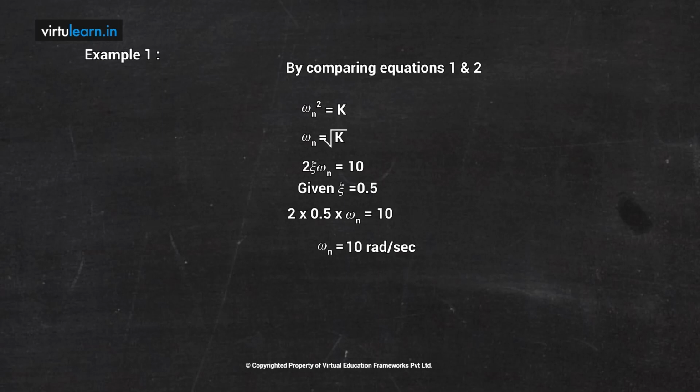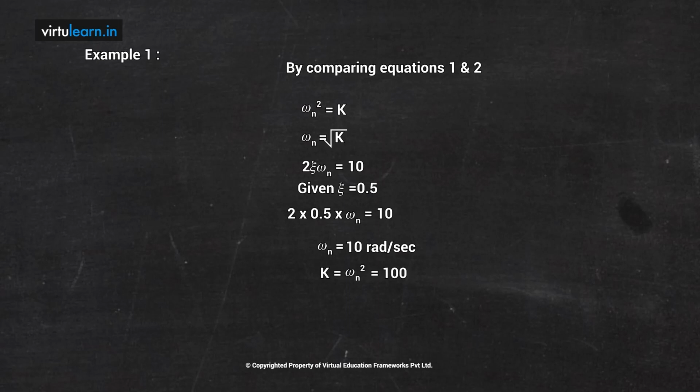We already know that K is equal to omega n square. Therefore K is 10 square, that is 100. So if you want to have a damping ratio of 0.5 in the system, the required gain K, generally the amplifier gain, we got as 100.